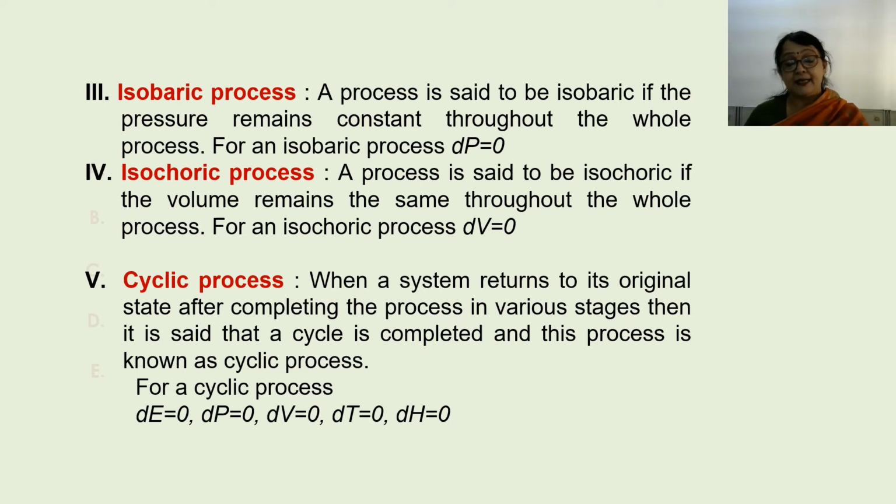Actually, in a cyclic process, the initial state and the final state are the same. Therefore, for a cyclic process, the change in internal energy, the change in pressure, the change in volume, the change in temperature, and the change in enthalpy are 0, because these are state variables which depend only on the state of the system.